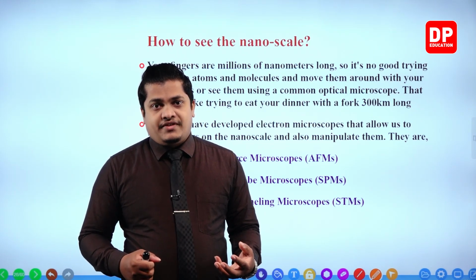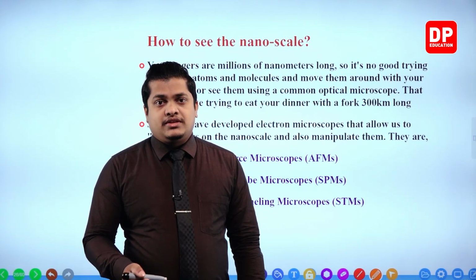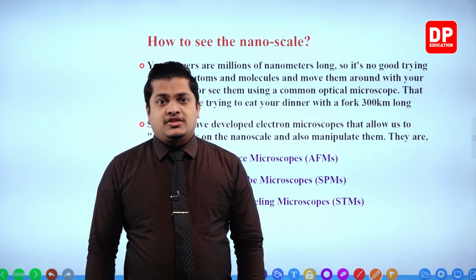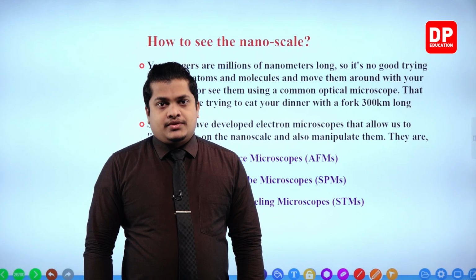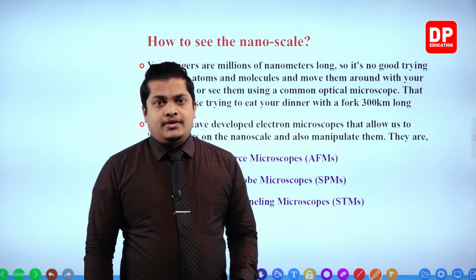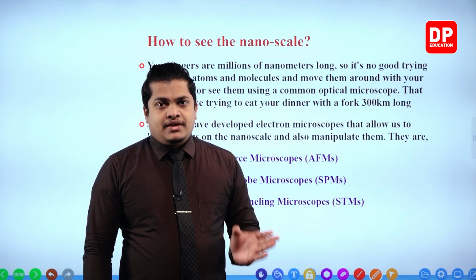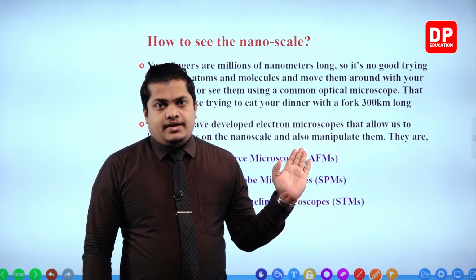Even though we lift it up, we won't be able to grab our food with that fork, because the food item is much smaller than the fork. So by just looking at the sentence, you will get a certain idea, because here the size of the particle is compared.